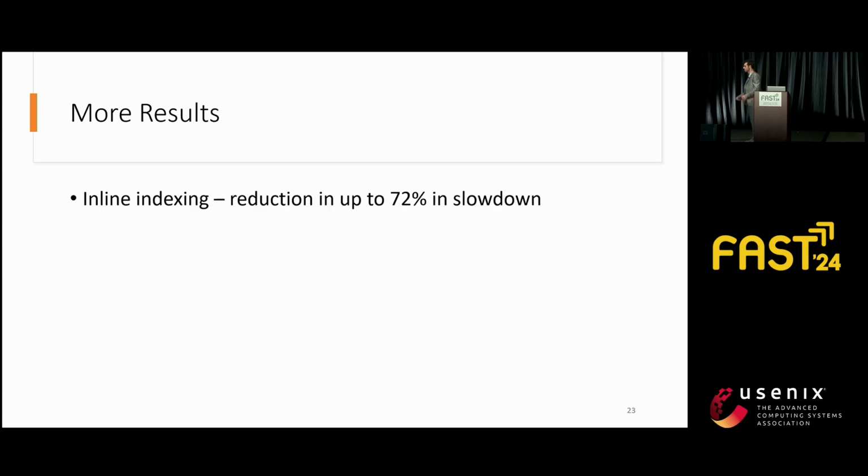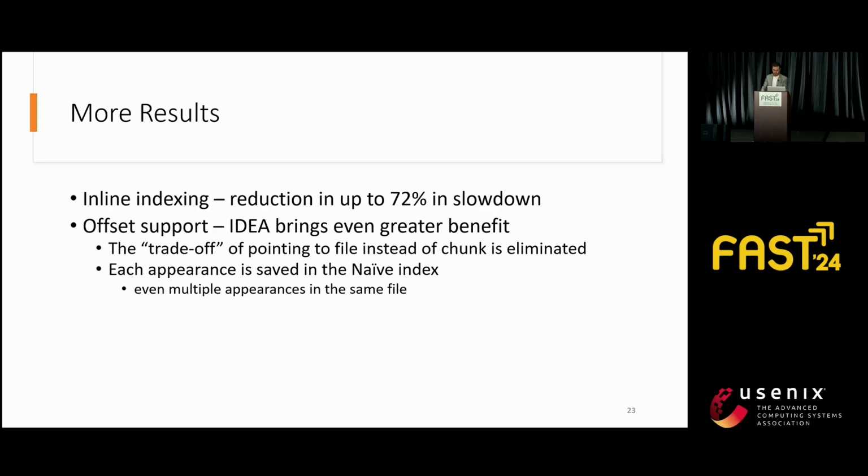There are also more results about the advanced features that I didn't go into in detail. The inline indexing, we were able to implement inline indexing and to reduce slowdown very well. Also, we supported offsets, and we were able to show the context in which the term appears. In this case, when we stored offsets, the naive approach didn't have the diamond advantage anymore, because it needed to store for each term's appearance the offset at which it appears.